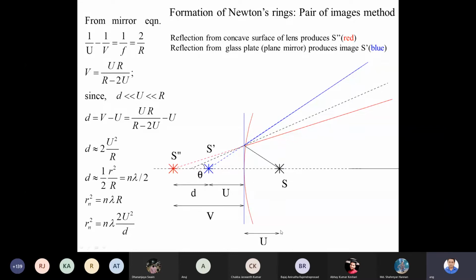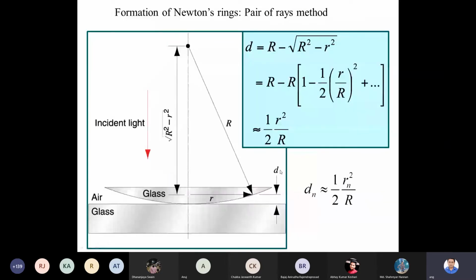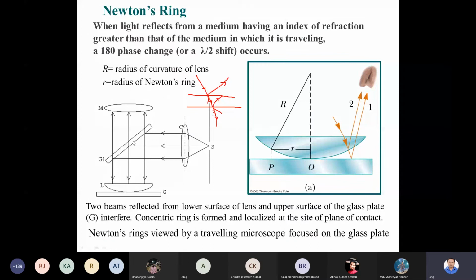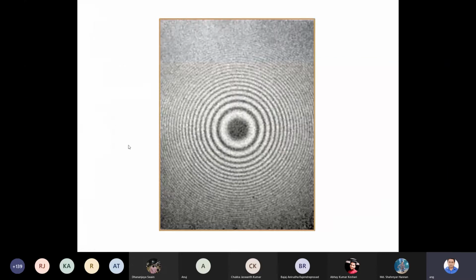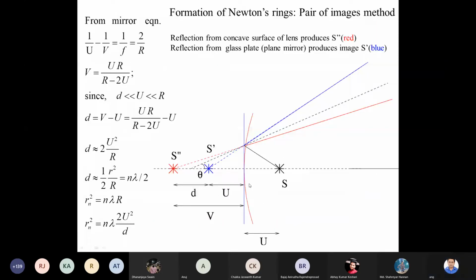You have u where you put this source, meaning the glass plate we are talking about. This is the distance of the source. Now the image from this one is at this point.